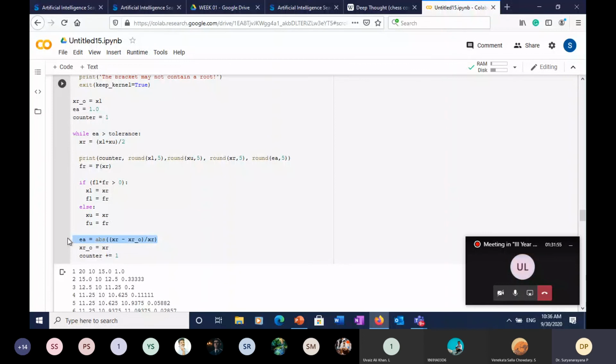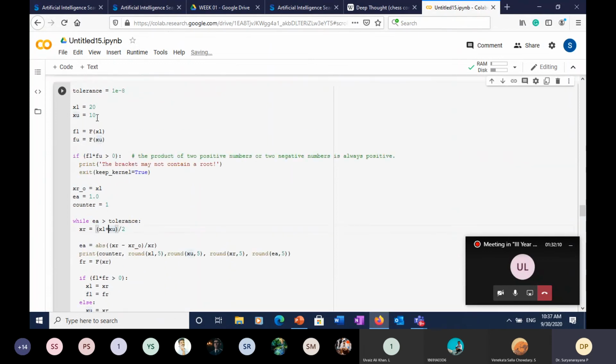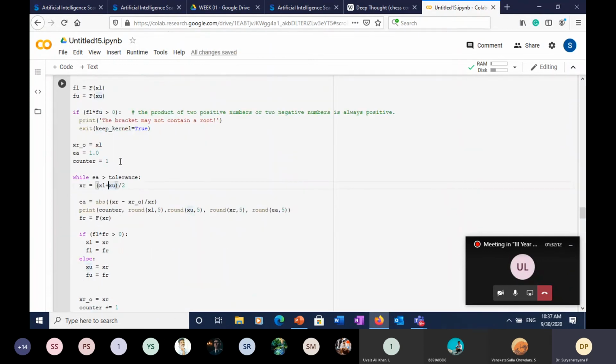Each time in the loop, the first thing you're doing is finding the new root, which is the center point of the initial bracket or whatever the bracket at that time is. Now you find the error because you have an old value, so you can find how much the error is in the new root.